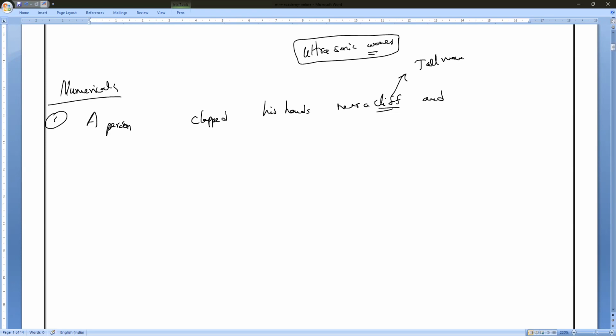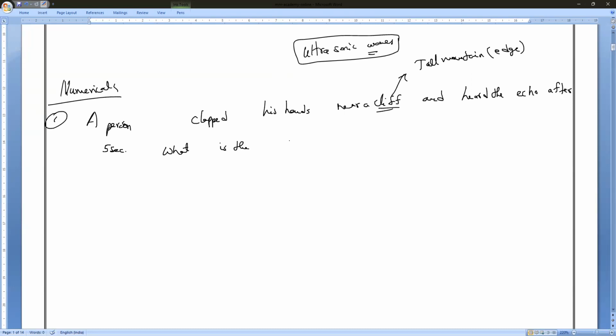Tall mountain. Okay, the edge of a tall mountain. And heard the echo after 5 seconds. Heard the echo after how many seconds, everybody? After 5 seconds. Clear, everyone?